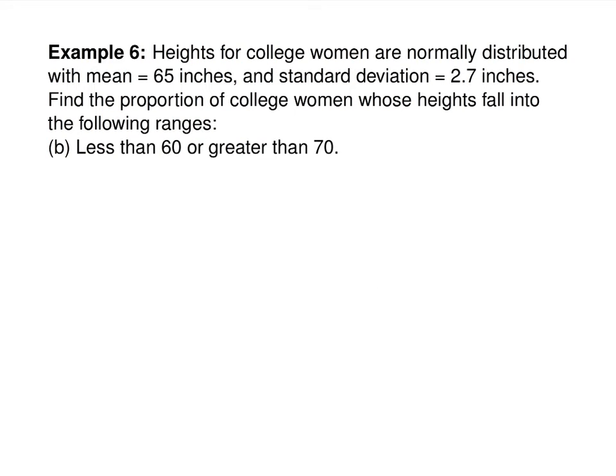Okay, so this one, X less than 60 or X bigger than 70. And I'll show you two things for this. This problem is related to A, but if it were not, I also want you to know how to handle it. So you had that rule for ORs that you can break ORs into adding the probability of the first event plus the second if the events are mutually exclusive.